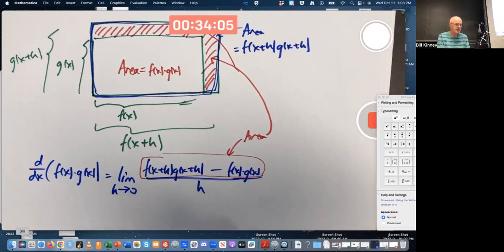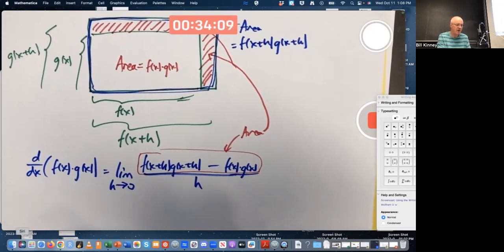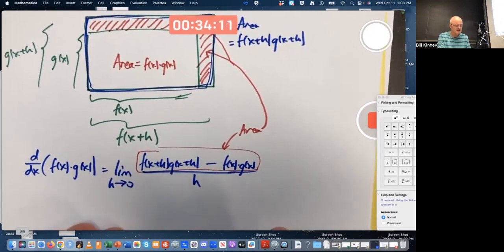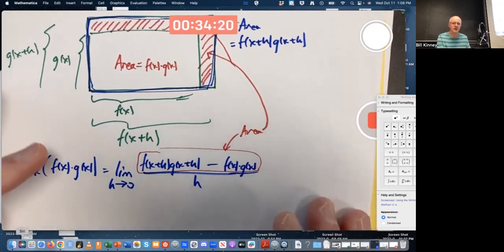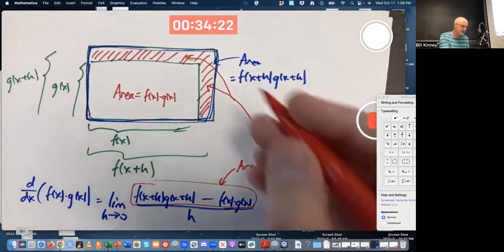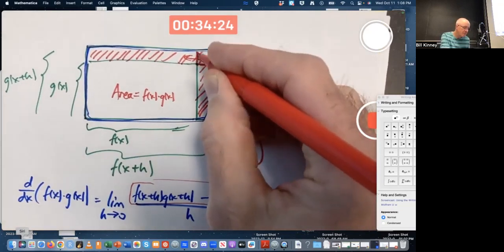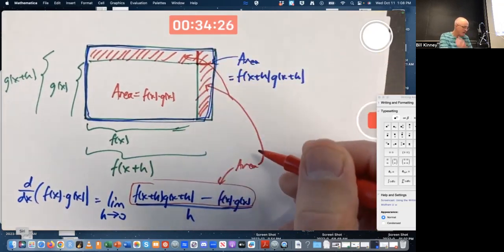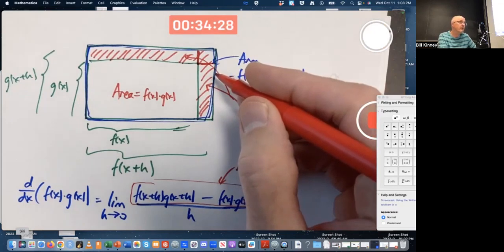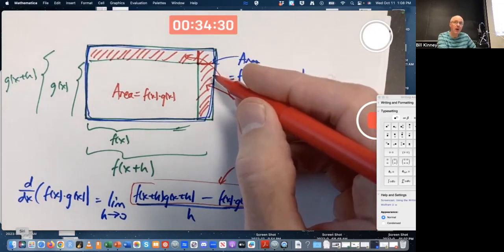If I'm going to compute this limit, relating it to f and g individually and f prime and g prime individually, maybe I'm going to have to somehow rewrite the numerator in a way that's easier to handle. And that's what this picture helps you do. Because that difference represents the area, if I figure out maybe an alternative formula for this area, maybe that'll be helpful.